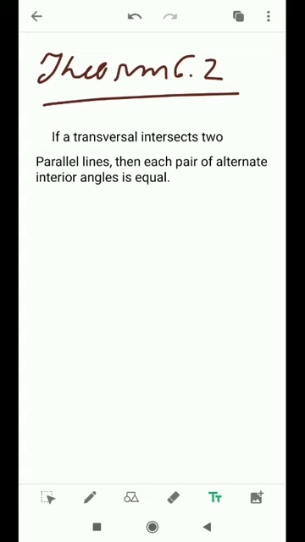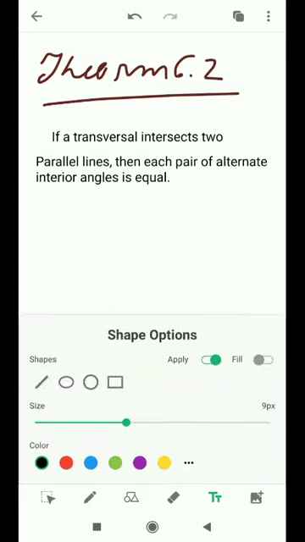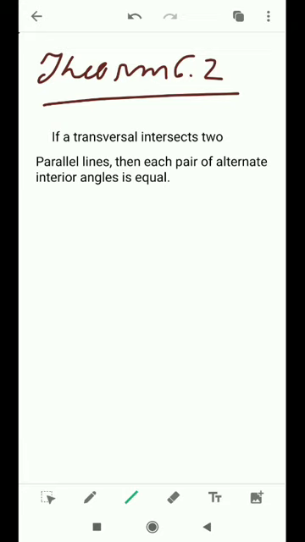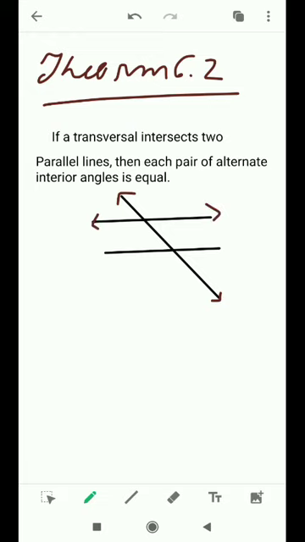So first we will draw two parallel lines. One parallel line is this one, another parallel line is this one, and we will draw one transversal which cuts them.